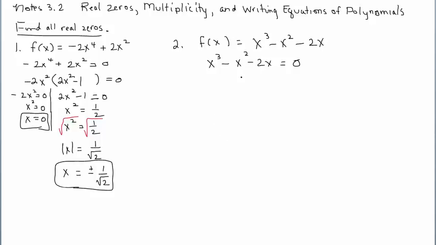So pausing and thinking about this equation we have here, it looks like we have a common factor of x. Let's go ahead and get that divided out. The result of factoring out x from all 3 terms results in this trinomial, but this isn't done. I can still factor this.